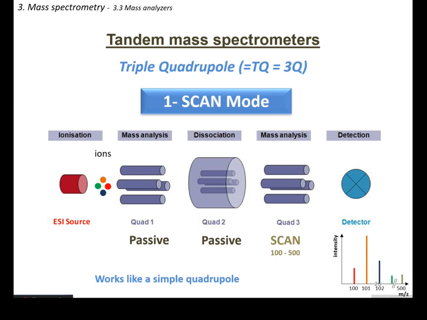First, let's analyze the scan mode. You can do exactly the same operation as with a single quadrupole that we already saw. If you want to scan between 100 and 500, you will have two passive quadrupoles and one active quadrupole, and you will get exactly the same result, a mass spectrum of the ions.